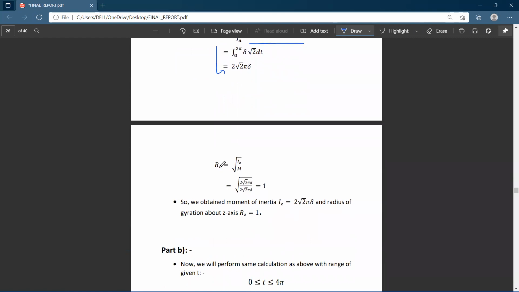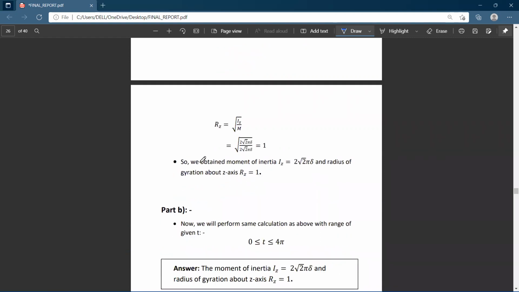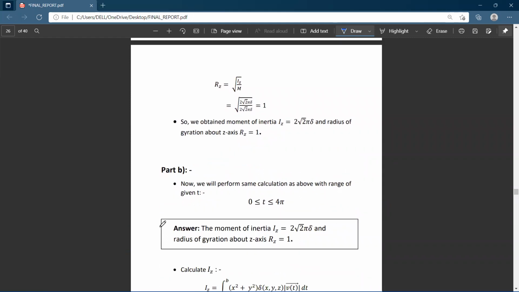Now I will find the radius of gyration about the z-axis, which is I_z by m, and we get 1. So this is the answer for this part.